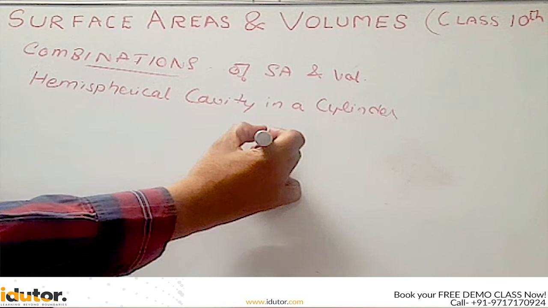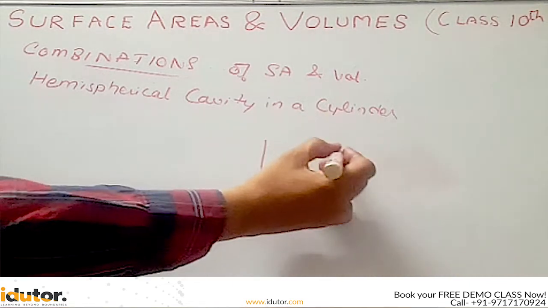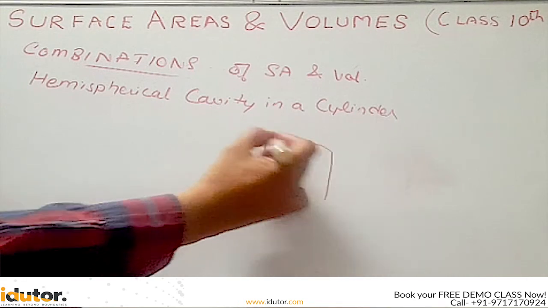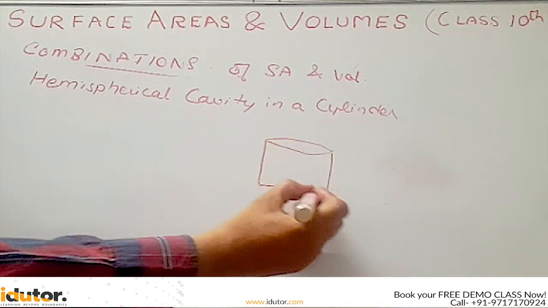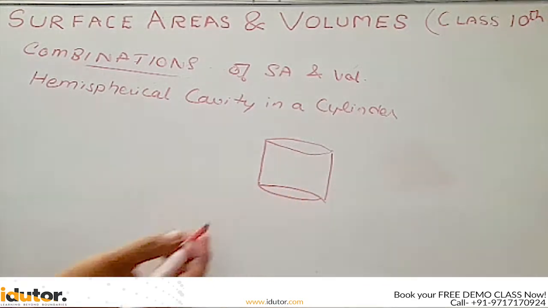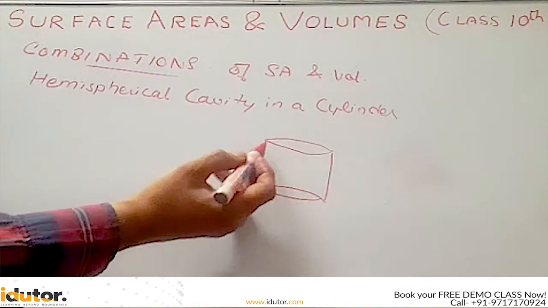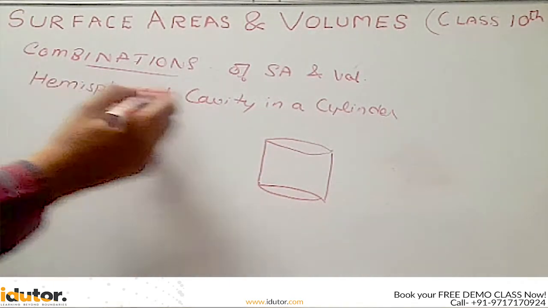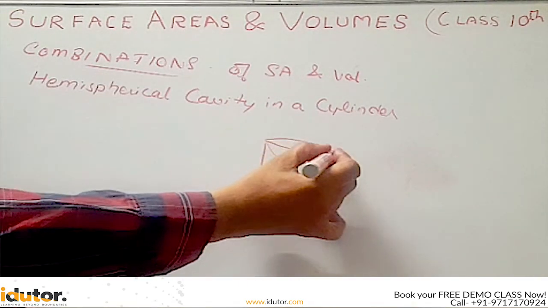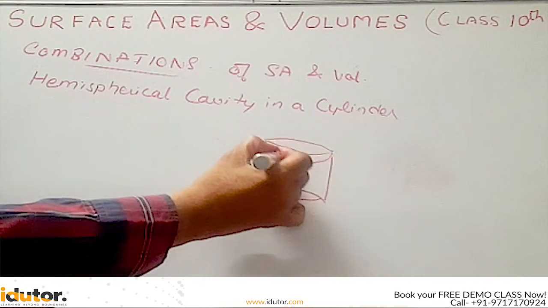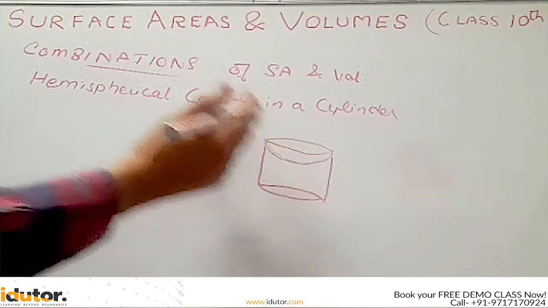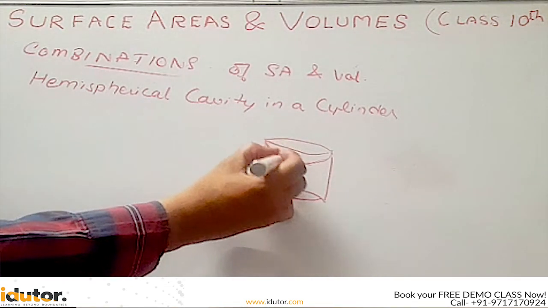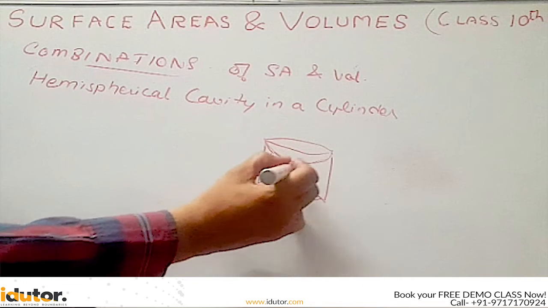As we have discussed, a cylinder may be in the form of the stem of a tree. Stem of a tree is a kind of cylinder only. If this is wood and we are making a cavity in it in the form of a hemisphere, a semicircular type thing, this type of cavity is taken out. So if this cavity is taken out, we can say what the remaining part is. The remaining part is shaded, which I am shading here.